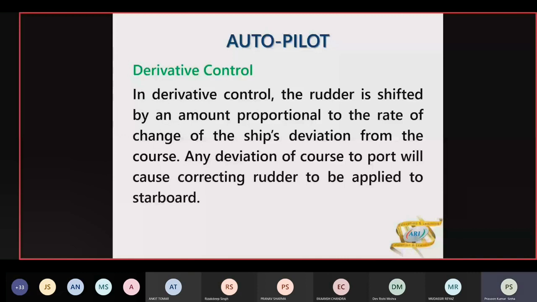But as the ship is beginning to swing, the proportional control is pushed back. Derivative control comes into action. It takes over the control of the rudder, and the rudder is reduced or increased as per the rate of swing of the ship.